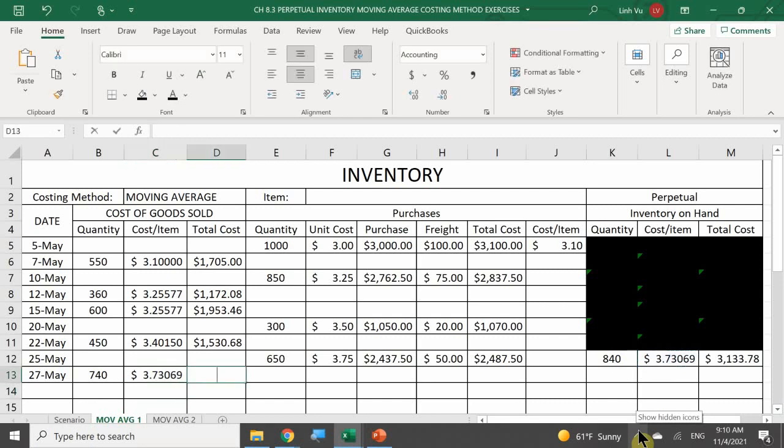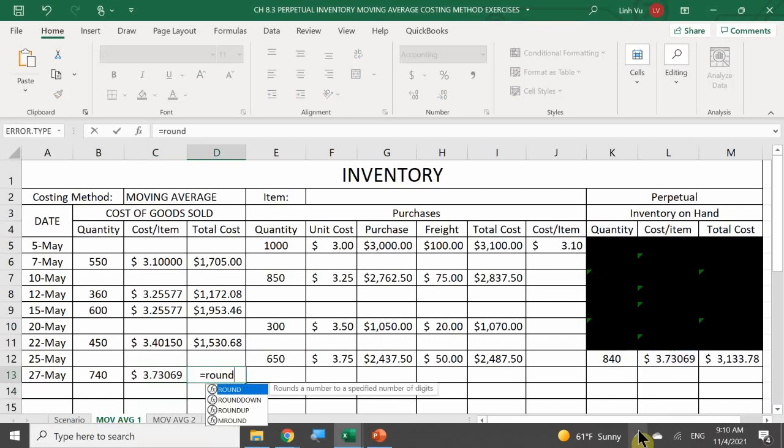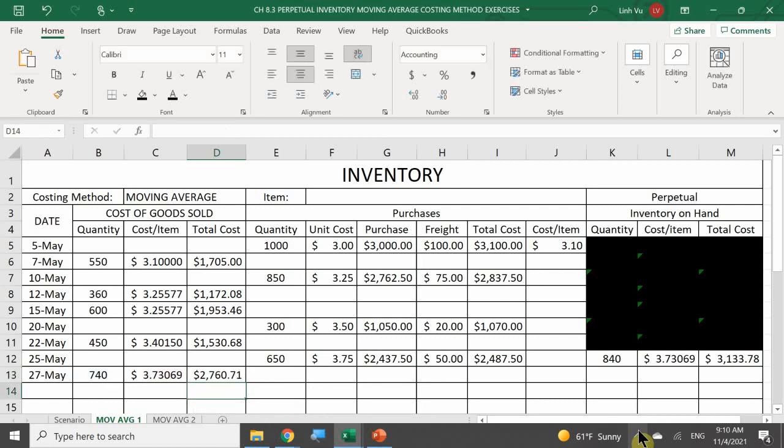So what is my total cost of goods sold here? 2,760.7106. No, wait, 2,707.0. You said 706? 706, that will round you up to 1 penny. Okay, so there you go.